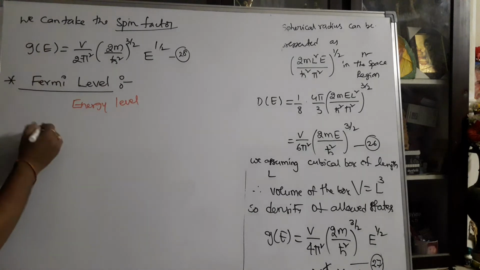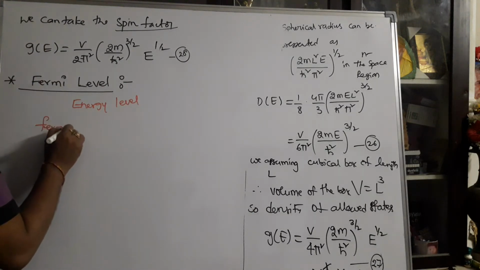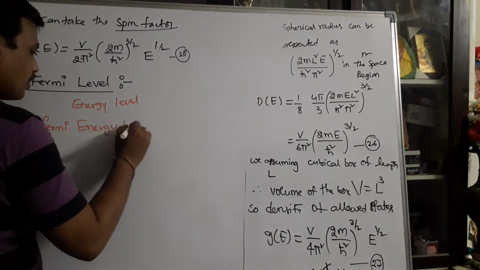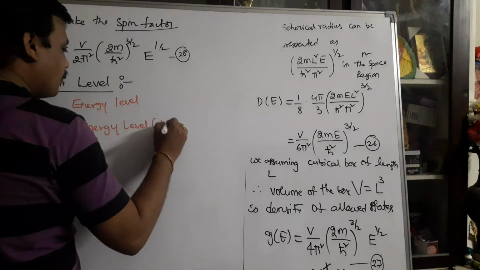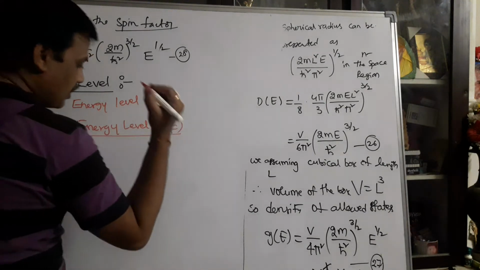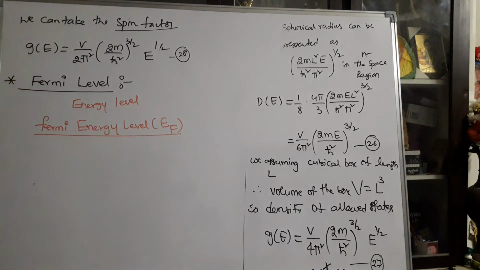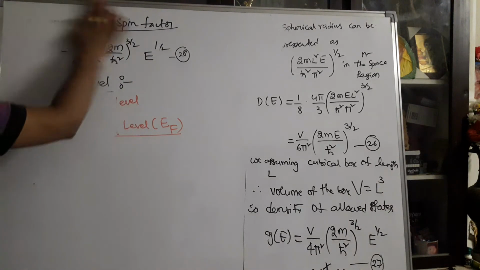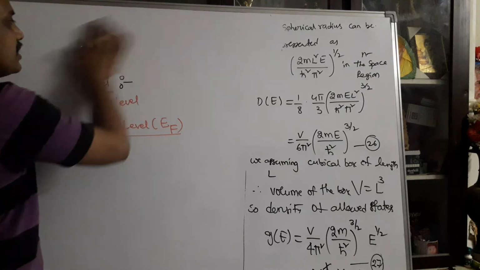The present topic, Fermi level, is nothing but an energy level, the Fermi energy level, which is indicated by the letter E suffix F. You can take either capital letter or small letter. So the second topic in chapter number 2 is Fermi energy levels.